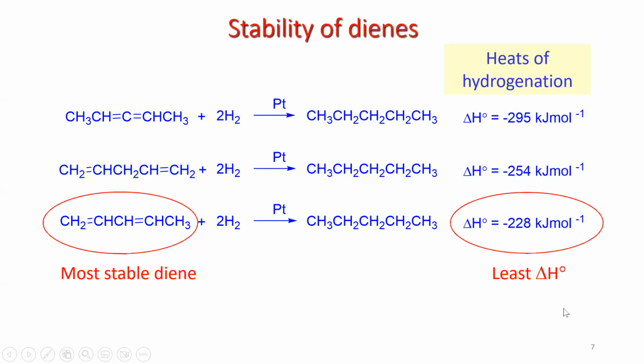The amount of energy is lowest when hydrogenation of the conjugated double bond system takes place, right? You can see here it is a little above, and in this one the released energy is very high. The final product is the same, and the only difference is in the diene system.